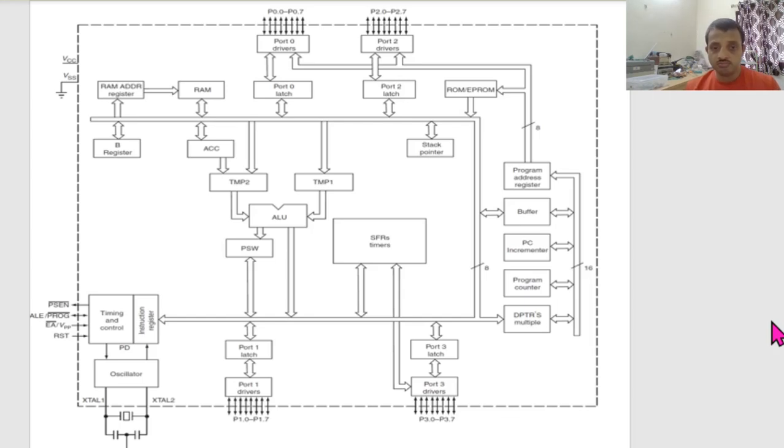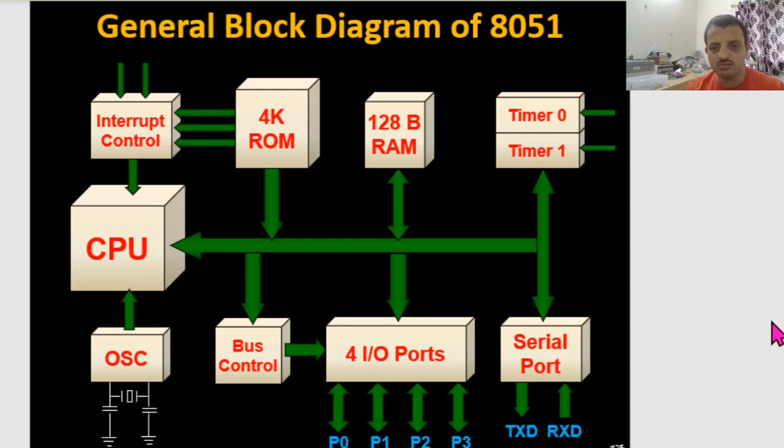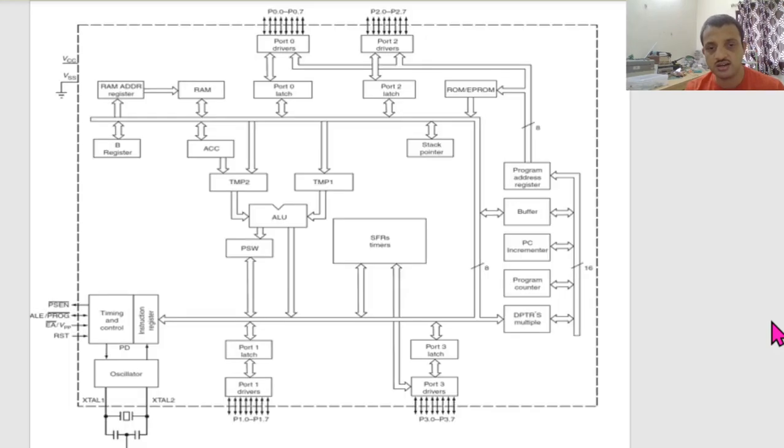This block diagram is actually taken from a data sheet. If you download the data sheet of the original 8051 microcontroller, the internal structure is shown in much more detail, divided further into different blocks. The previous one is a rough estimation of how things are connected, whereas this block diagram gives you the detailed connections of the blocks.